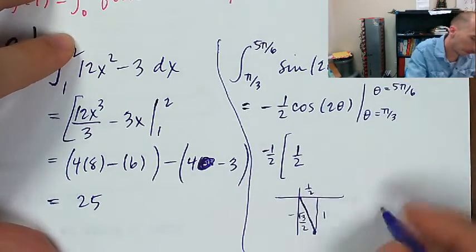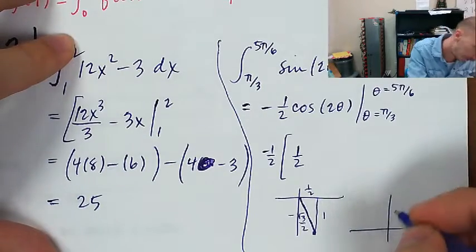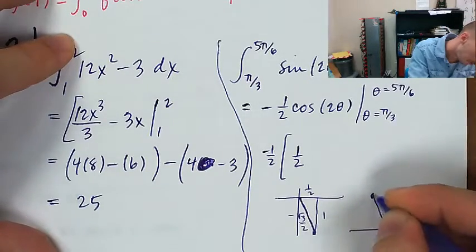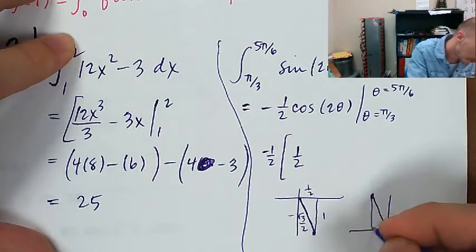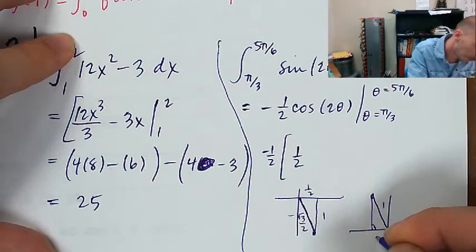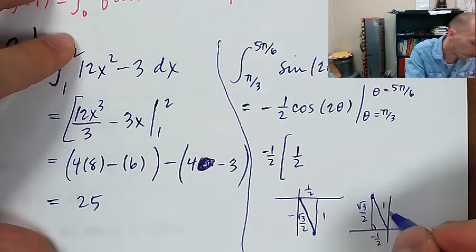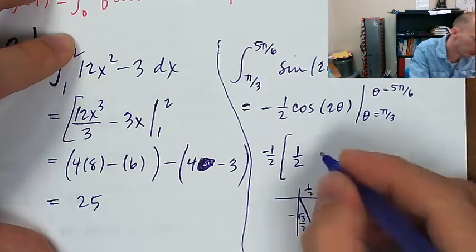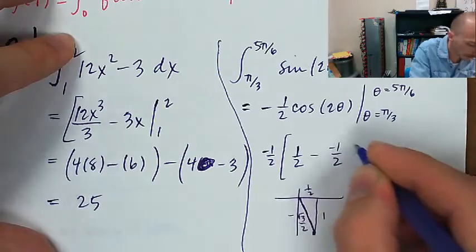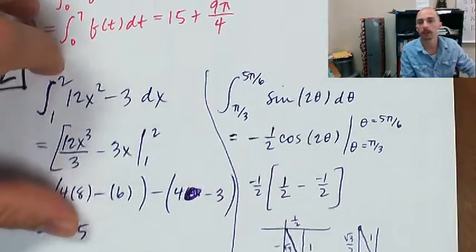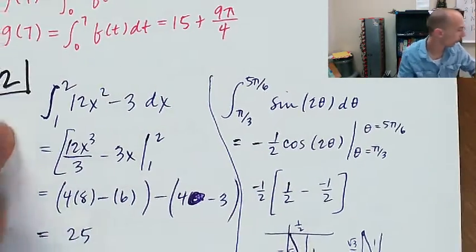And then the cosine of 2 pi over 3 is up here, and that's negative 1/2. So I wanted cosine, adjacent over hypotenuse, so minus negative 1/2, and that would be the value of that integral. Okay, that's 6.2.